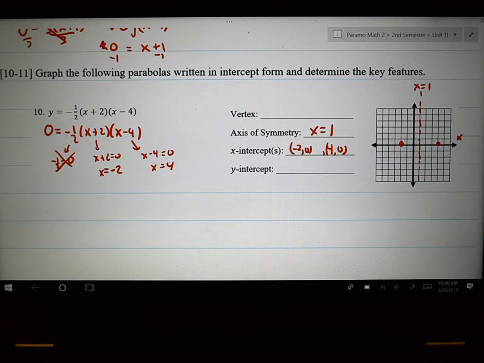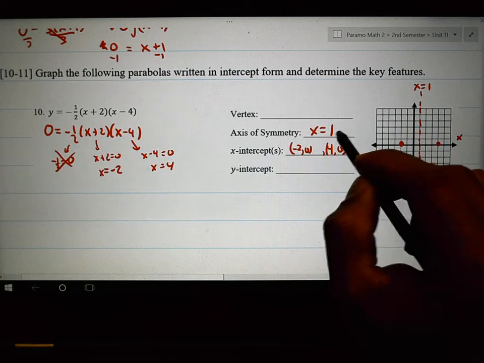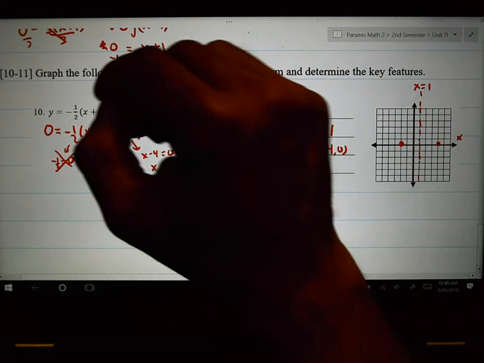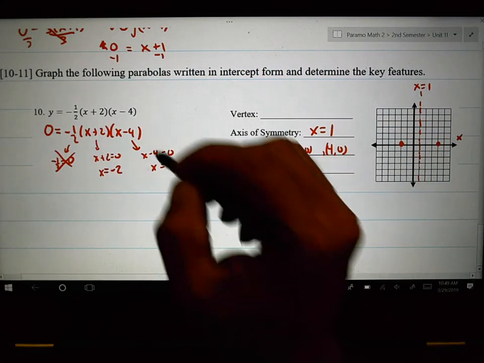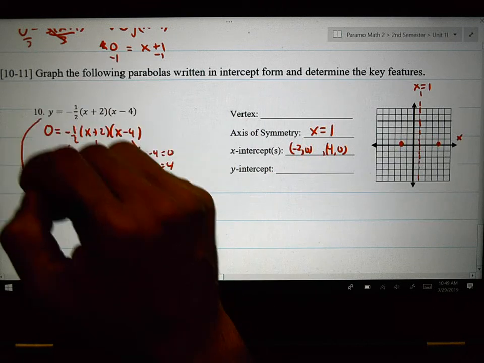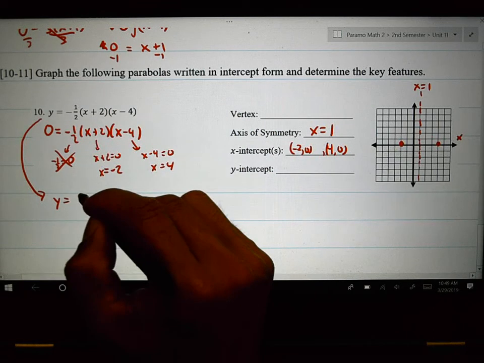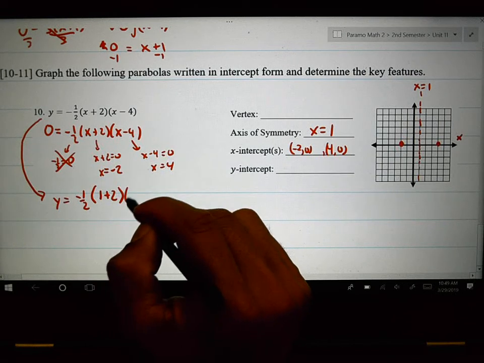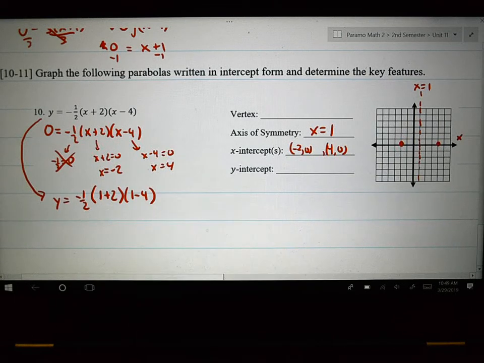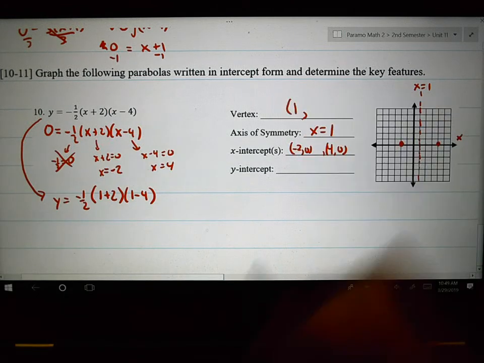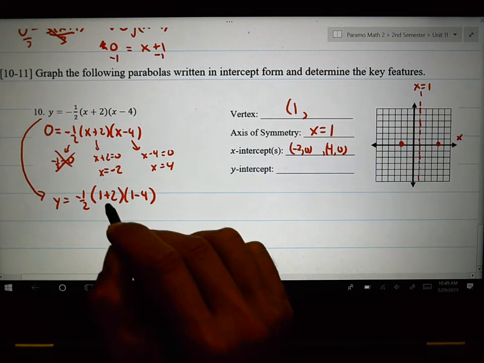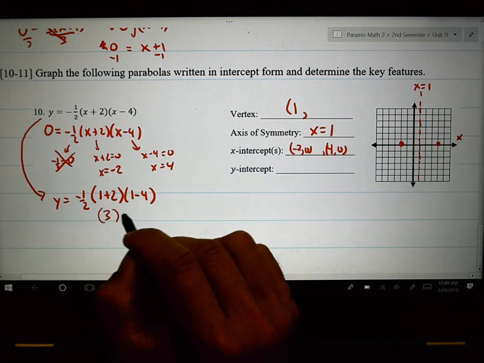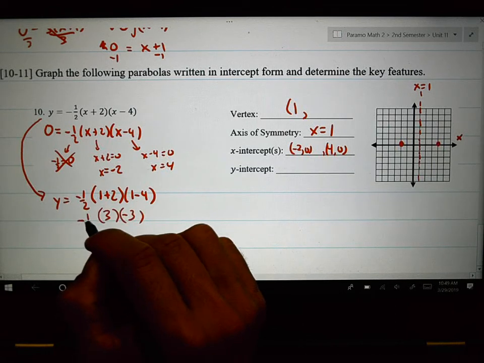Now I don't know where on this axis of symmetry the vertex is, but I do know that if I plug 1 into this equation, I can figure it out. So then I take this and I plug in 1. 1 plus 2, 1 minus 4. And I can figure out what is y when x is 1. Well, that makes 3. That makes negative 3. That makes negative 1/2.